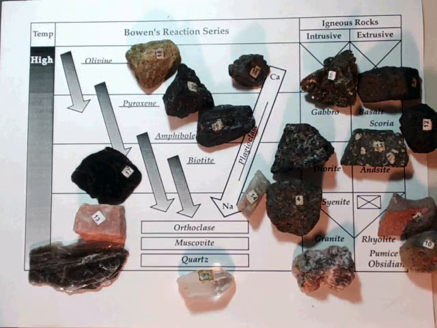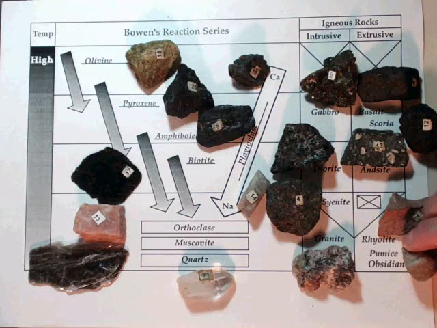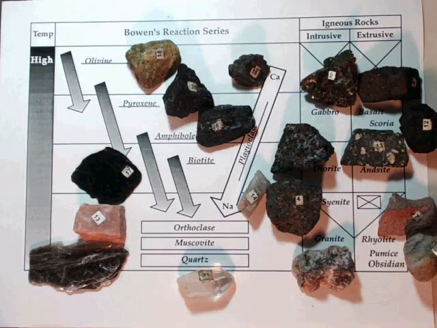It has little frothy holes in it because of those trapped gases. So there's a little sample of some pumice. Same mineralogy, but because of the vesicles, we call it pumice.